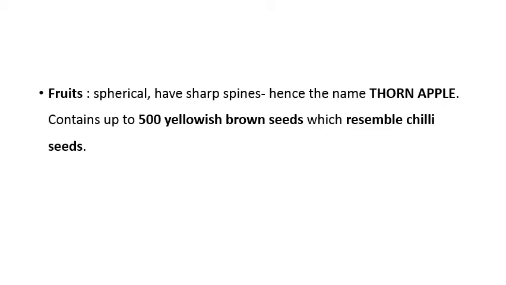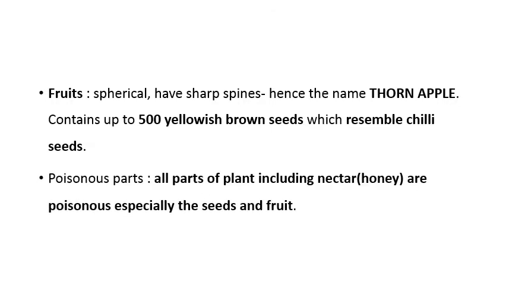So the fruits are spherical with sharp spines, and hence the thorn apple. There are 500 yellowish brown seeds in each fruit, and they resemble chili seeds. And coming to which part of the plant is poisonous?